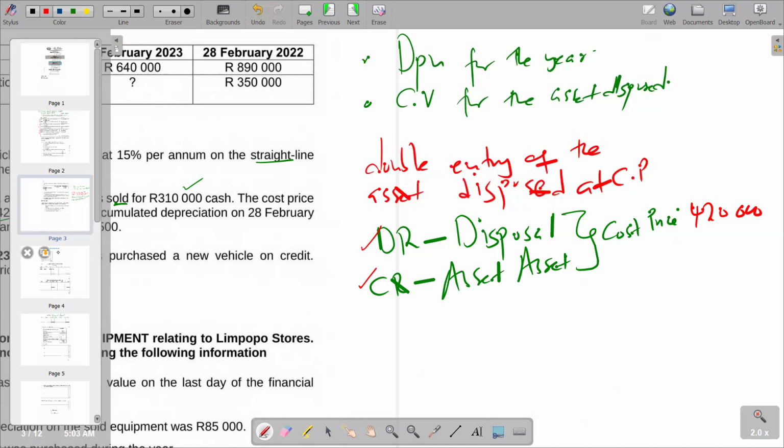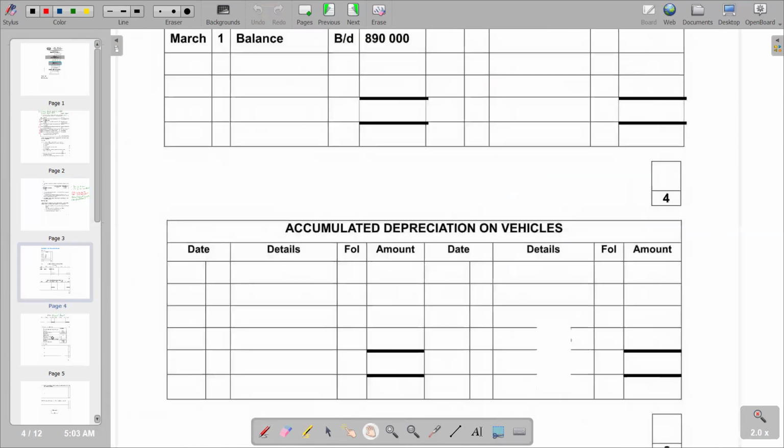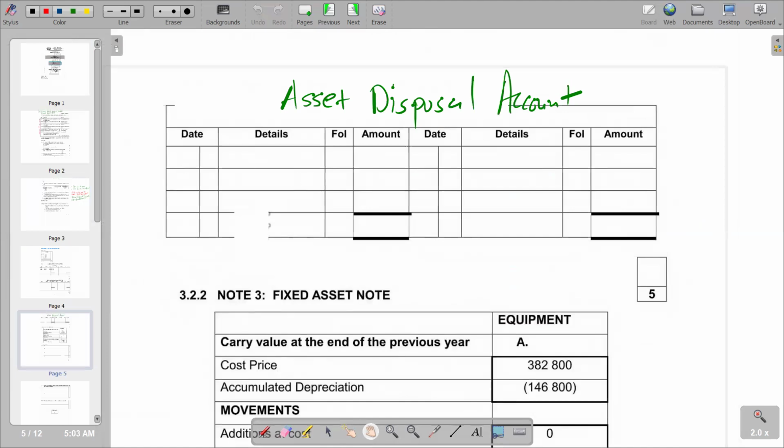So we go to our disposal account. Then this is our disposal, and we go to the debit side. Remember, this is 2022, and this is happening on October 10.